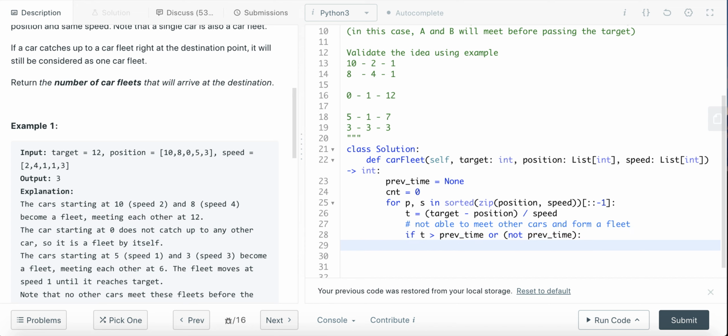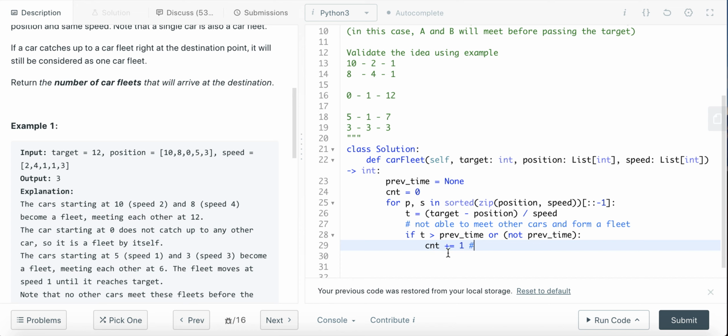In that case, we increase the count, because this car cannot form a fleet with the cars ahead of it, so we increase the number of fleets by 1.